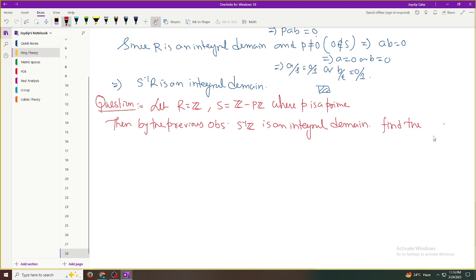Find the field of fraction of S inverse Z. Tell me, anyone? This is very easy.